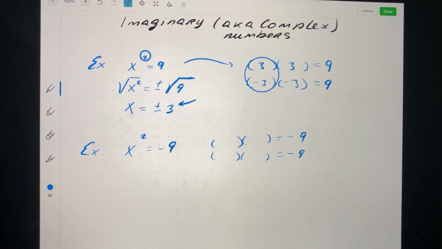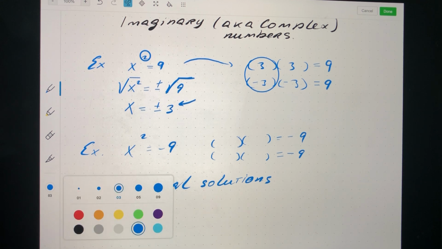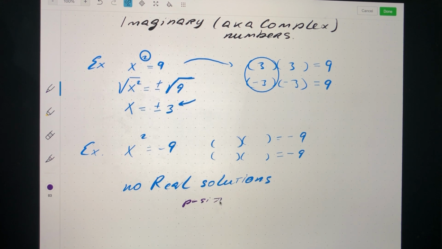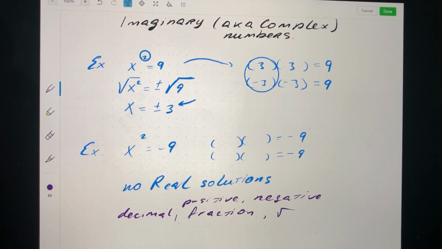So that means this question has no real solutions. And by real, we mean that if we look at all the real numbers: positives, negatives, decimals, fractions, square roots of some positive number, irrational numbers.